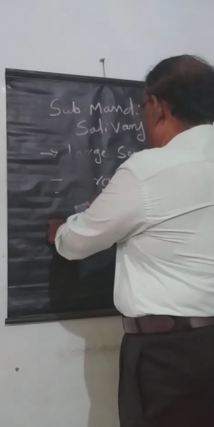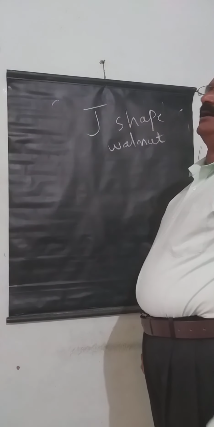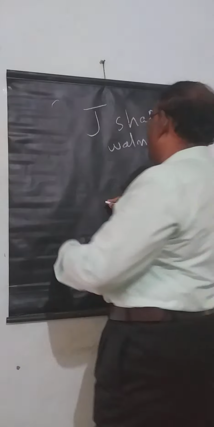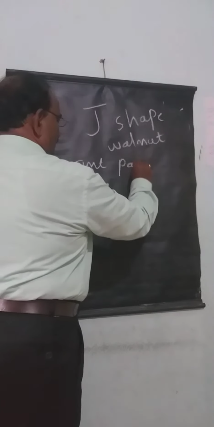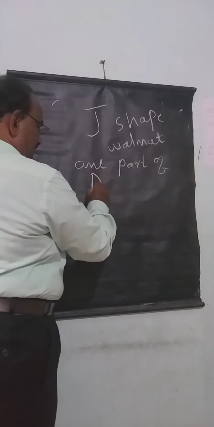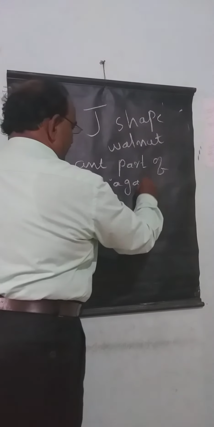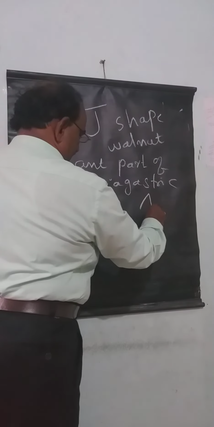Well, it looks like a J-shaped walnut, situated in the anterior part of the digastric triangle.